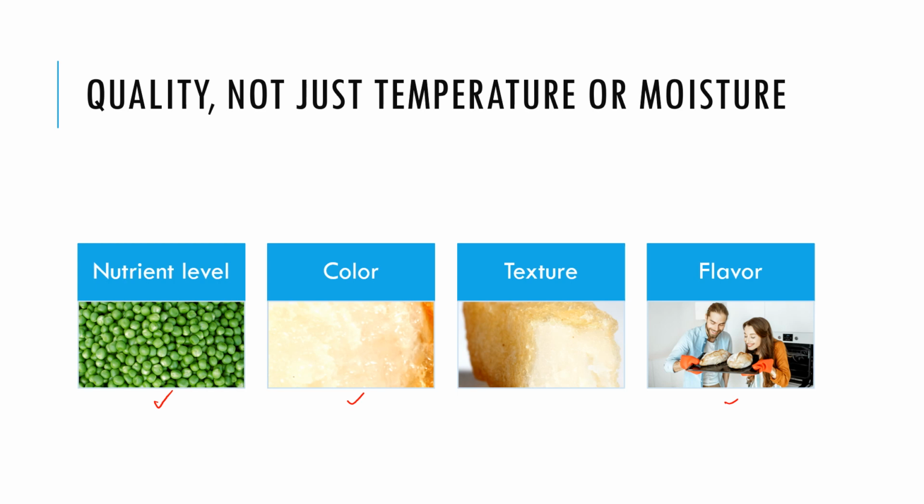For example, when we're eating the peas, in a very simple way, one of the quality factors can be how much vitamin C does it have, or another quality factor can be how mushy is it, or its color. So quality is multifaceted and is hard to define.